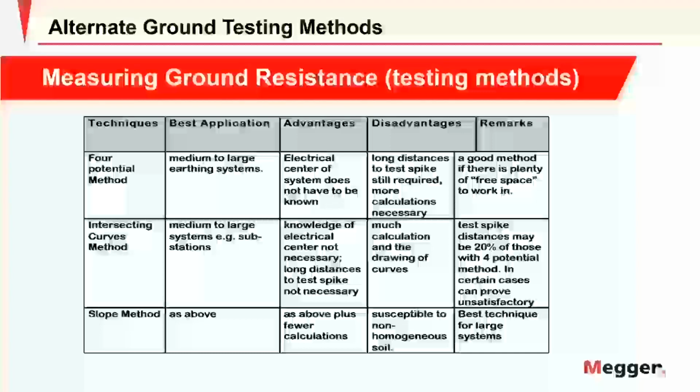Intersecting curves is a good one for a very tight environment where you must submit a test result. Slope method, you would use before intersecting curves for the same reason. Tight environment, but you must submit a reliable test result. But if slope method doesn't work, go to intersecting curves. Next.